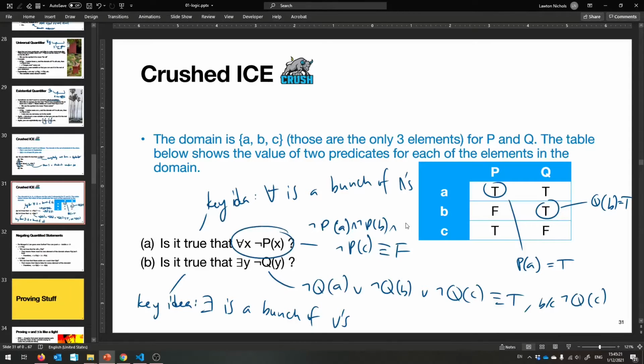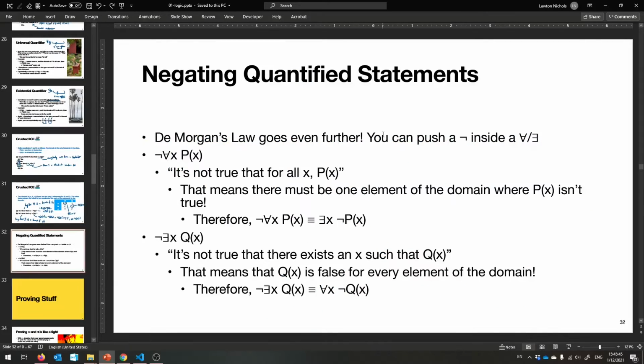For all x, not p of x: try every element in the domain, and make sure that p of x is false. Exists a y such that not q of y is true? You need to find one y in the domain such that for that particular y, q of y is false. That is where we're going. All right, so if that wasn't confusing enough, we're now going to negate quantified statements.